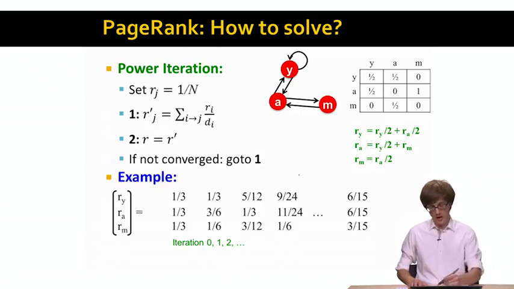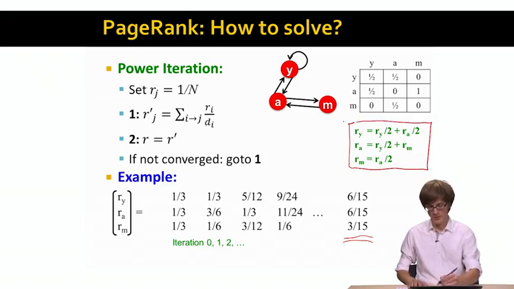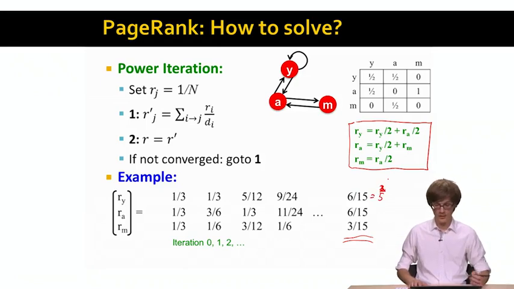And at the end, r would converge to a vector that I show you here, where A and M nodes would have the importance of 6/15, and Y would have the importance 3/15, which is exactly the same values as we got before when we were explicitly solving our system of flow equations, right? 6/15 is the same as 2/5, and 3/15 is 1/5.